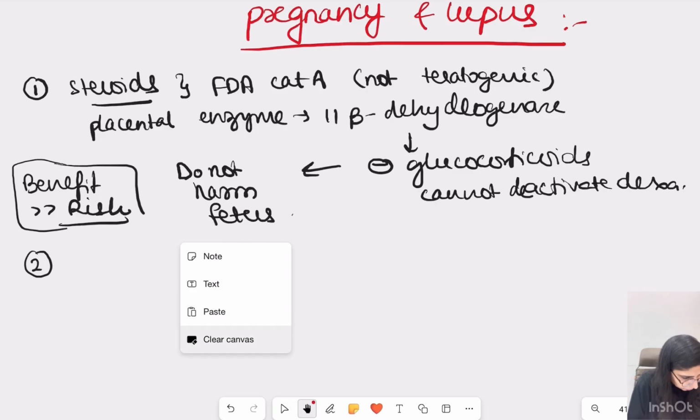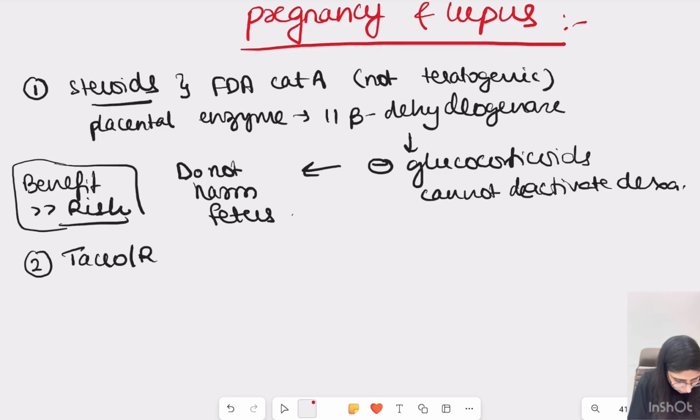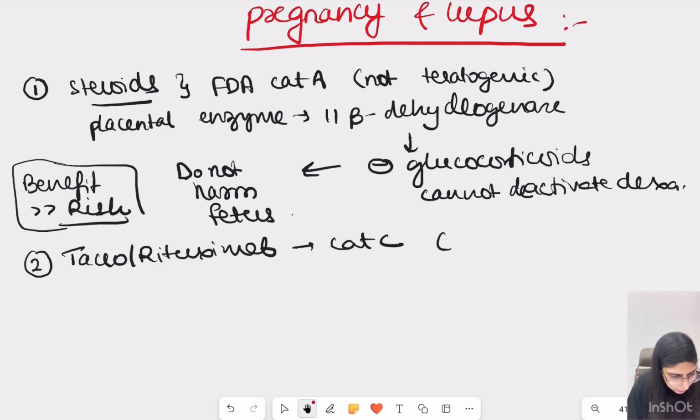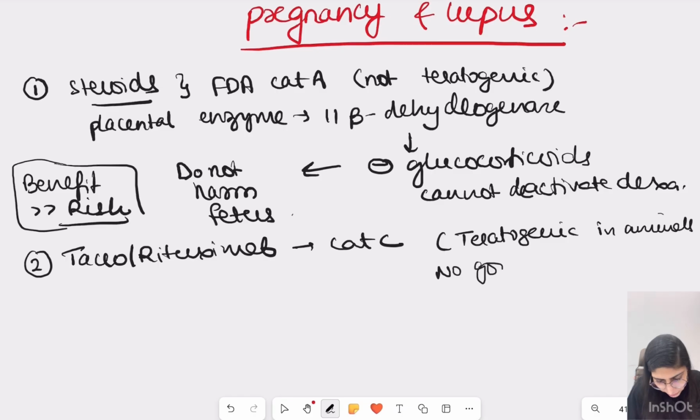Secondly, if we talk about cyclosporin, tacrolimus, and rituximab, these are all category C. By category C, we mean teratogenic in animals, but enough human studies are not there. Teratogenic in animals, no good evidence in humans.